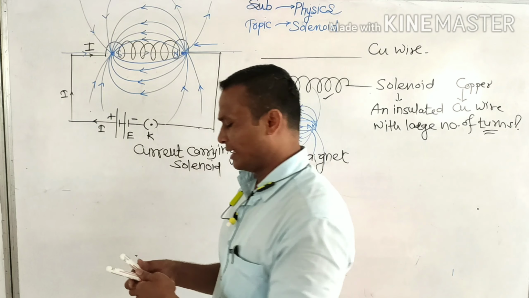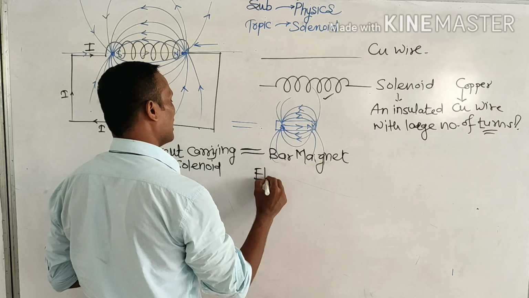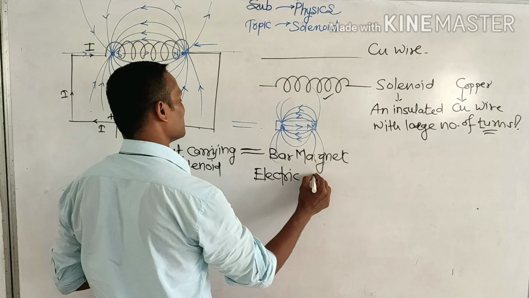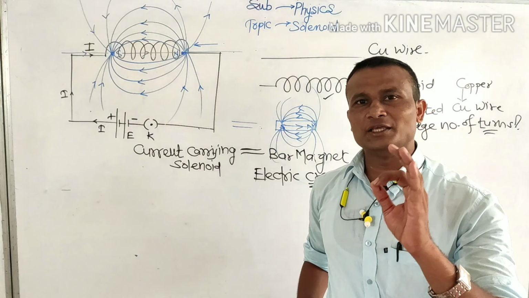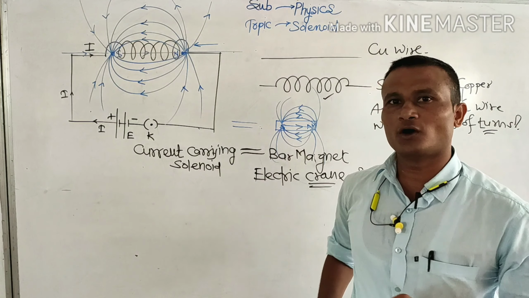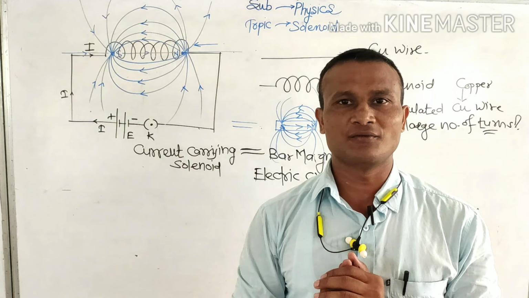For example, electric bell is there, electric crane is there, right? I'll explain the electric crane first. We know that an electric crane is a device which is used to lift heavy objects or to lift the garbage which we dump in a dump yard. Now this electric crane we can utilize for segregating magnetic material from the other waste.